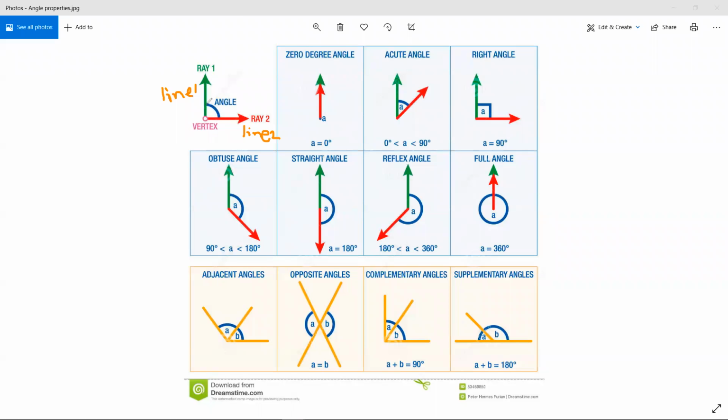Okay, so this is when you have a line and a line where they meet is called a vertex. That vertex is like that point where the two lines meet. And where those two lines meet, it basically forms an angle. All right, so this is the start of an angle in a 2D shape. We call this 2D because there's only two lines, one line and one line. Then they form a 2D, and that's the first angle we can get.